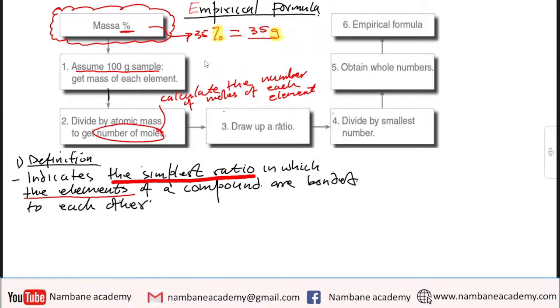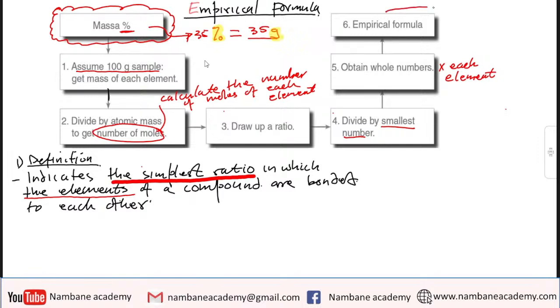And then from there, I will move straight to 4 and say, divide by the smallest number. After dividing by the smallest number, you will obtain a whole number. That whole number multiply each element. And after multiplying each element, it will give you now your empirical formula.